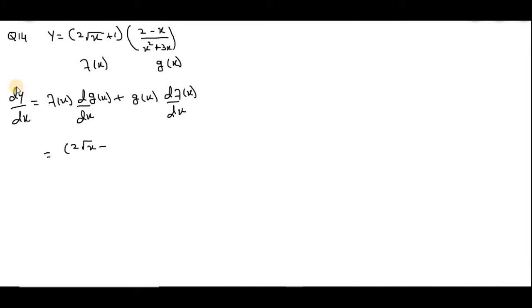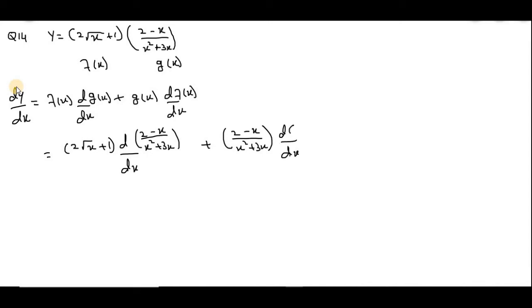Now putting the values of f of x and g of x, 2 under root x plus 1, derivative of g of x, which is 2 minus x divided by x square plus 3x, plus g of x as it is, 2 minus x over x square plus 3x, and d by dx is 2 under root x plus 1.